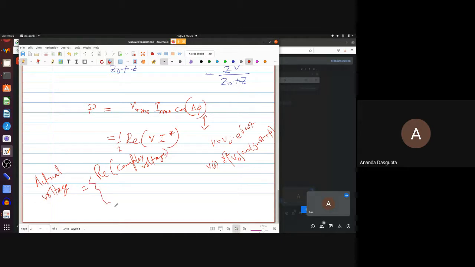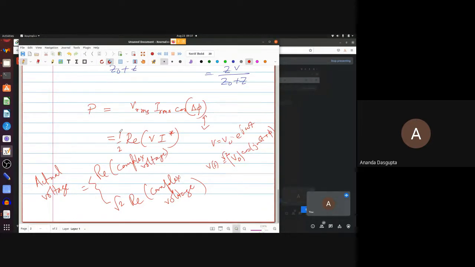But in the electrical industry, what you really use is this. Simply because when you say complex voltage, the amplitude that you give is really not the amplitude, it's the RMS value. So that's why you get an extra root 2 in your actual voltage formula. So you have a root 2 in the V, a root 2 in the I star, and they together give you an extra 2 which cancels the half.